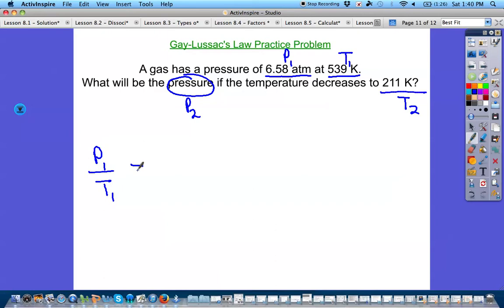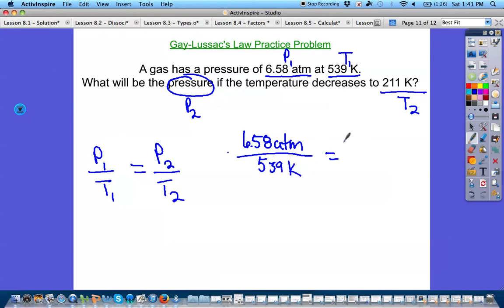So our equation, P1 divided by T1 equals P2 divided by T2. Now we're just going to plug in the values. So again, do some cross multiplication.